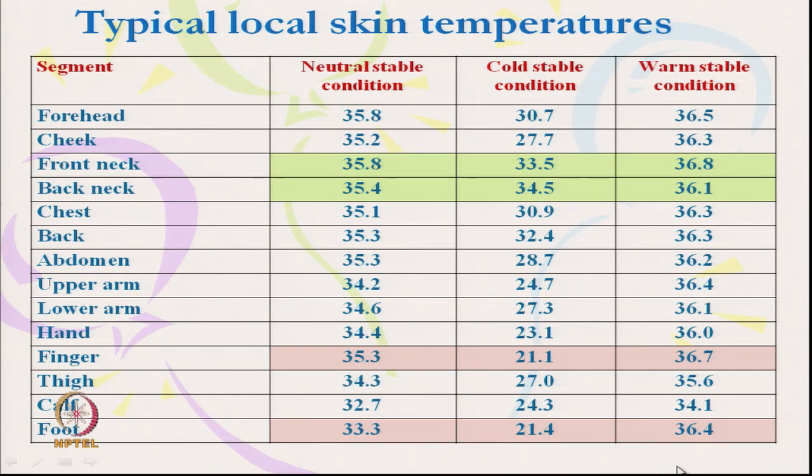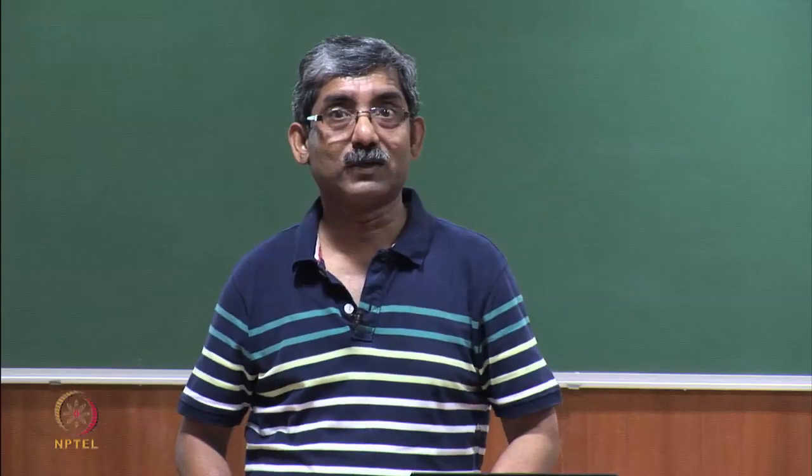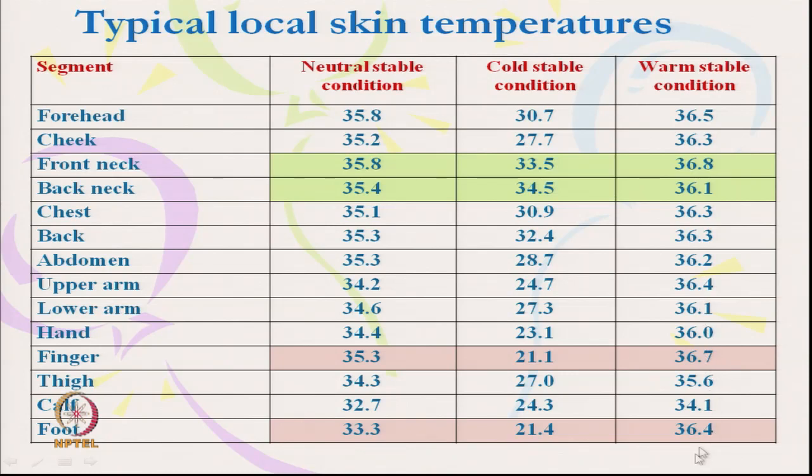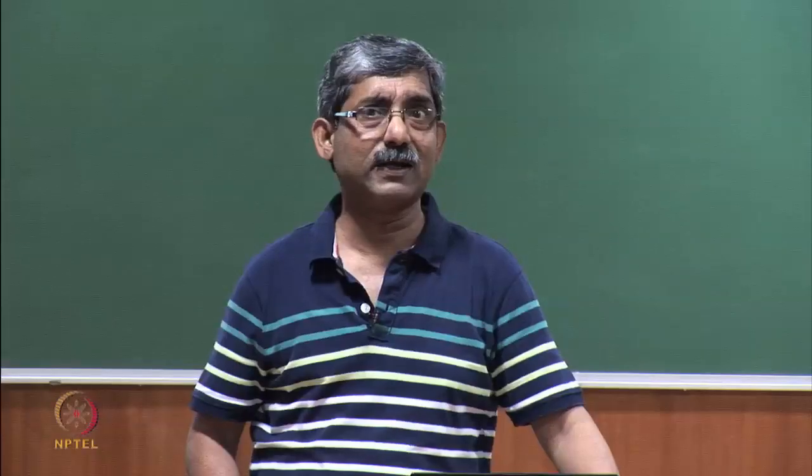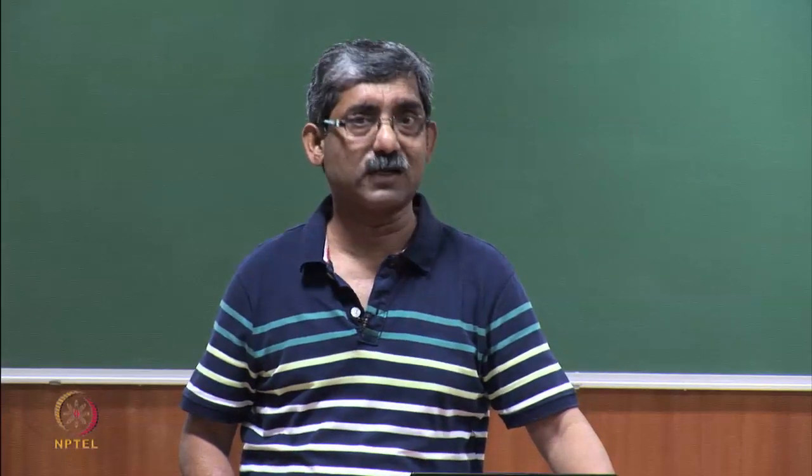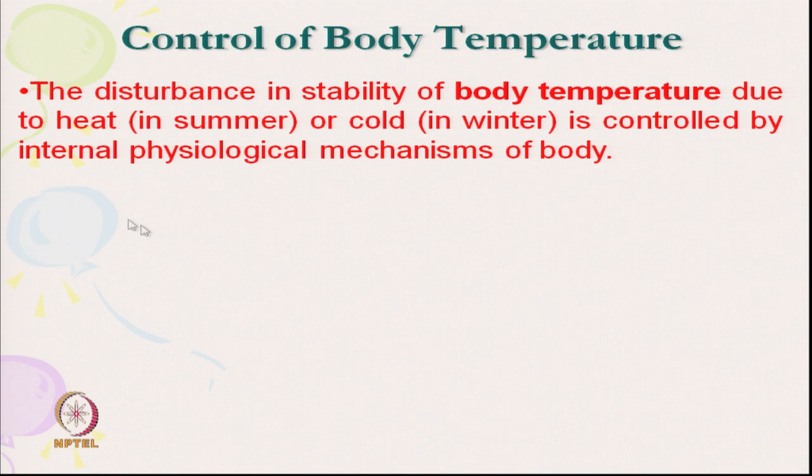Why is it so? Because in warm condition, due to the automatic physiological control of the human body temperature, due to secretion of sweat and different activities that we will discuss, it maintains the skin temperature almost constant. So, how to control the body temperature?